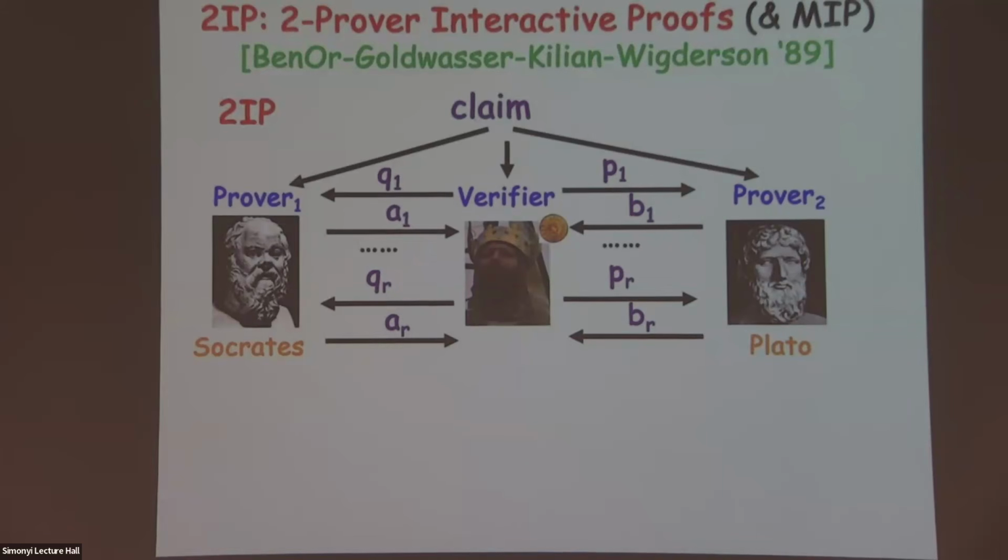So they are trying to convince him. And like before, we want that they will convince him if the claim is true, and he will reject them and throw them away if the claim is false. So the same, completeness and soundness. What can be proved in this kind of proof system?